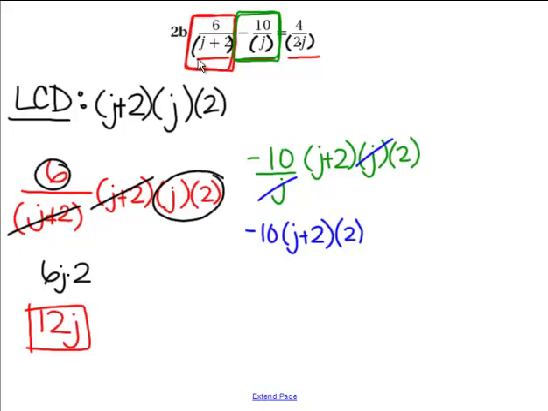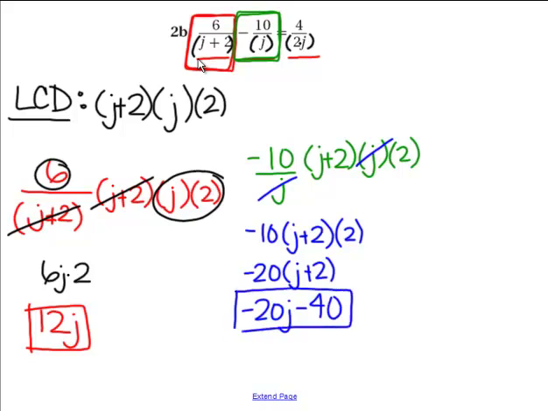So let's simplify our numbers. Negative 10 times 2 is negative 20. And then we need to distribute it to the j plus 2. So this blue fraction changes into negative 20j minus 40. We will be able to replace that in our original equation up here.